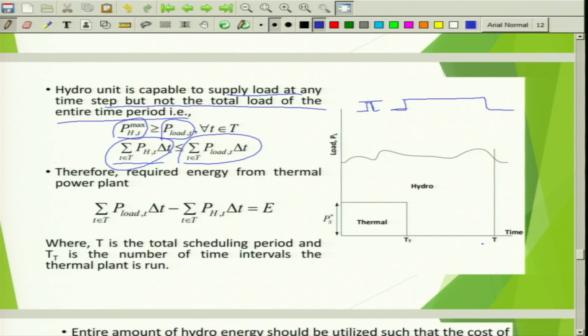Therefore, energy is required from the thermal power plant. Now, we are trying to estimate the thermal power plant requirement. It is the total energy demand from the load minus the energy that can be supplied from the hydro. This is the energy that needs to be catered by the thermal power plant.